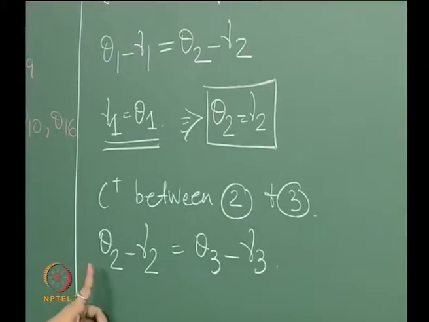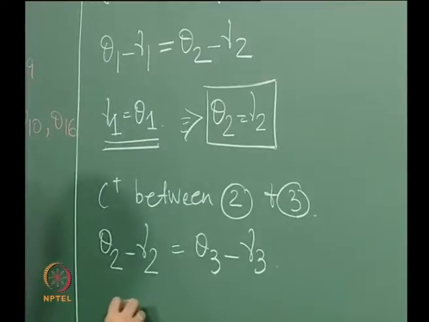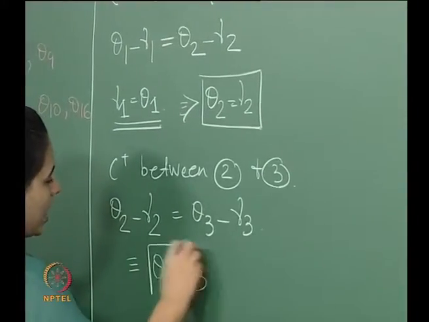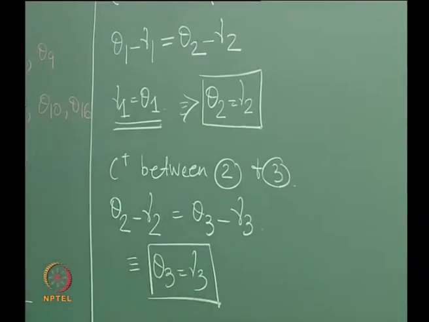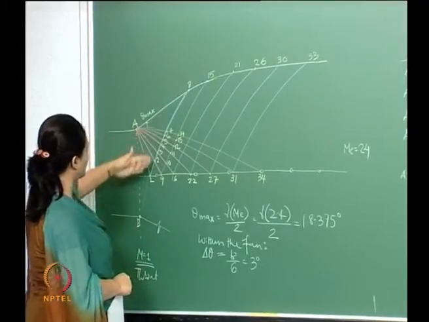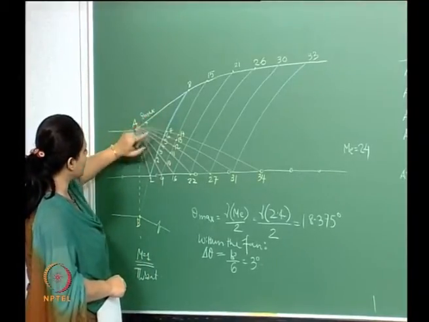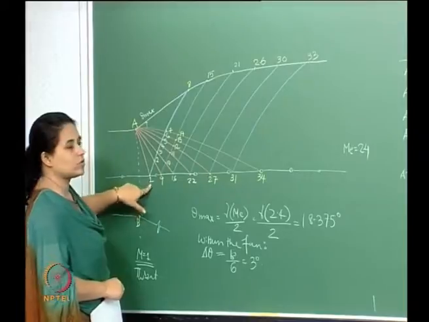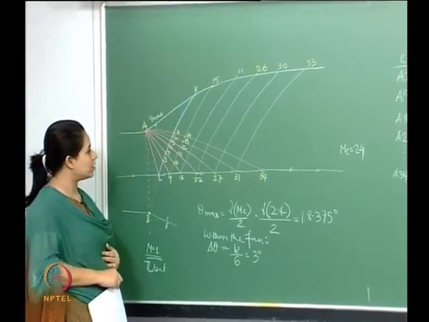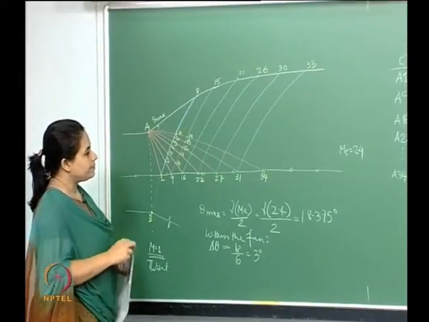We've just found out that theta 2 is equal to mu 2, so again this means that theta 3 is equal to mu 3, and so on and so forth. So what we see is that on this particular characteristic 1 to 8, at each point theta is equal to the corresponding Prandtl-Meyer function.